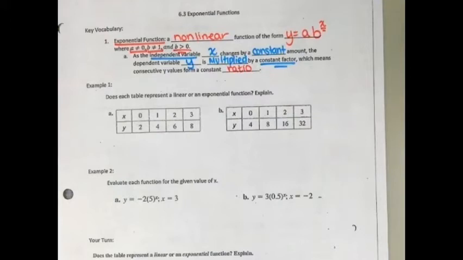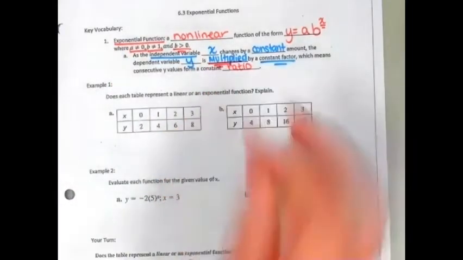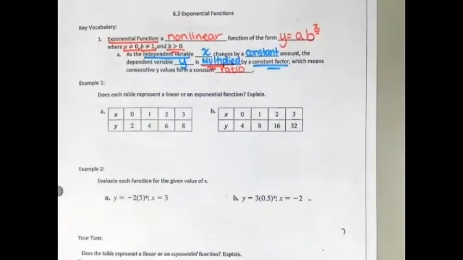So linear, remember, if we're looking at a pattern, linear increases by adding and subtracting, right? In exponential functions, our y is going to be multiplied. Let me ask you guys something. Can I change dividing to multiplying? Yes.